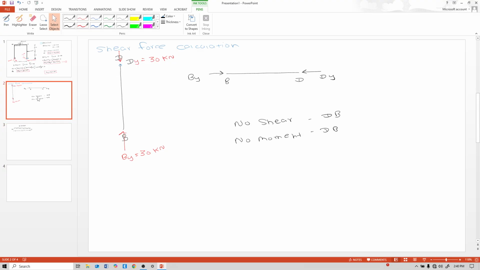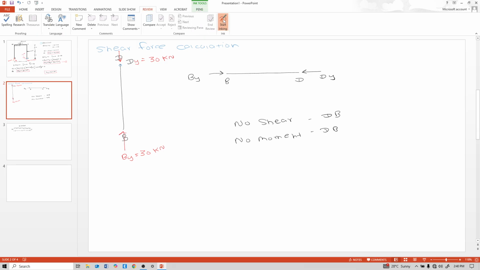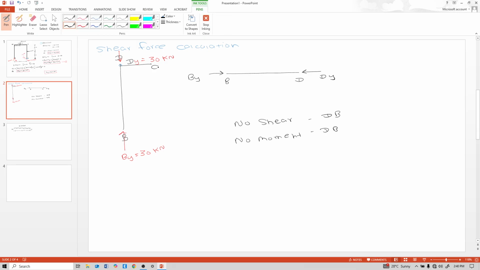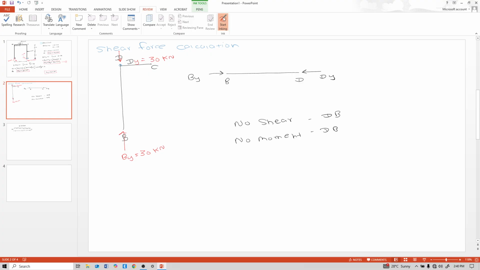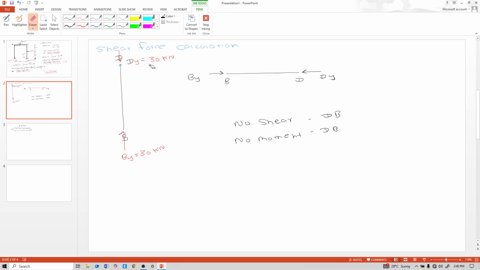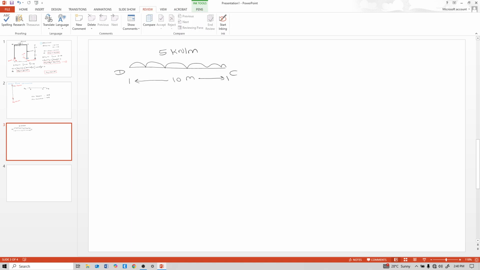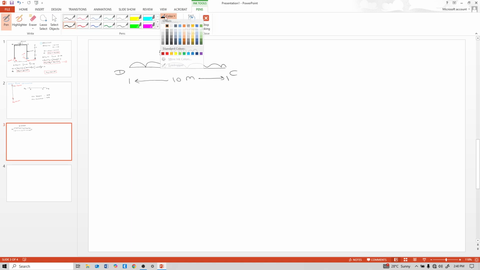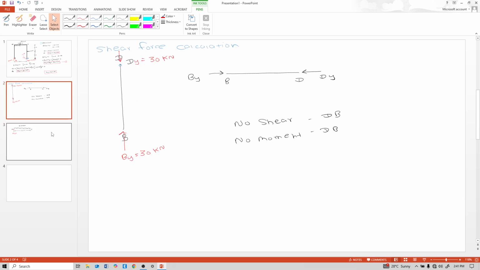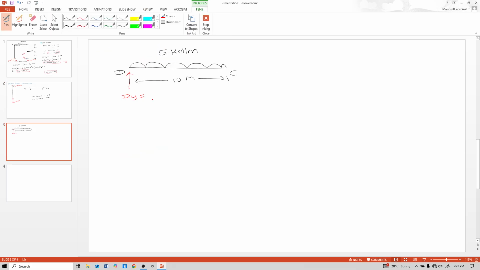Now see, this BD is like this, but this DC is like this. So due to this Dy reaction, here the opposite reaction comes like this, Dy, and magnitude is same. Dy is 30 kilonewton, so here it is 30 kilonewton.